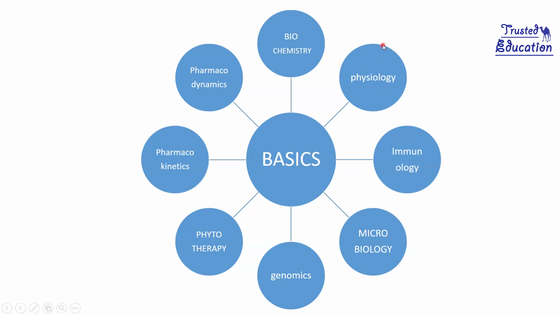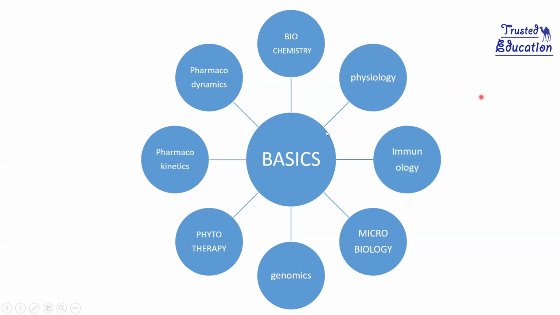Physiology is related to hormones that are secreted from the endocrine glands. We have to know the function of all of the hormones produced by the human body. Also, we must know the pH of the body in different parts: the pH of the blood, the stomach, the intestine, and all the parts of the body.